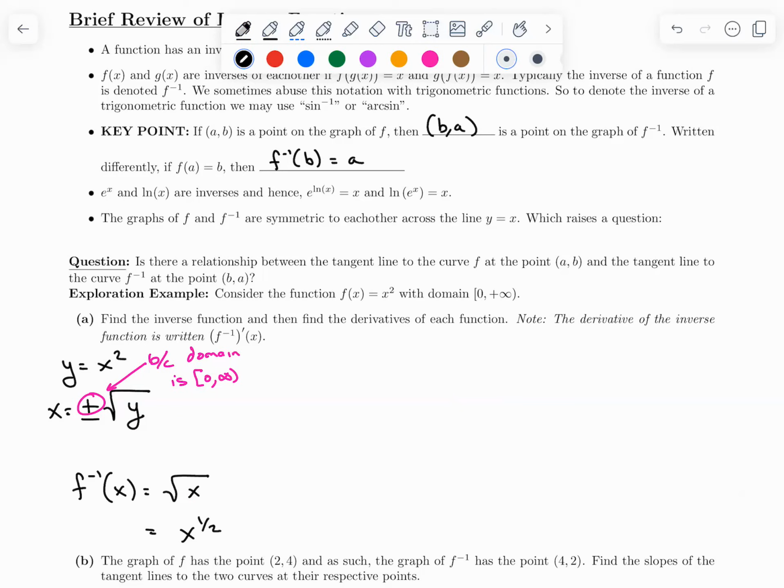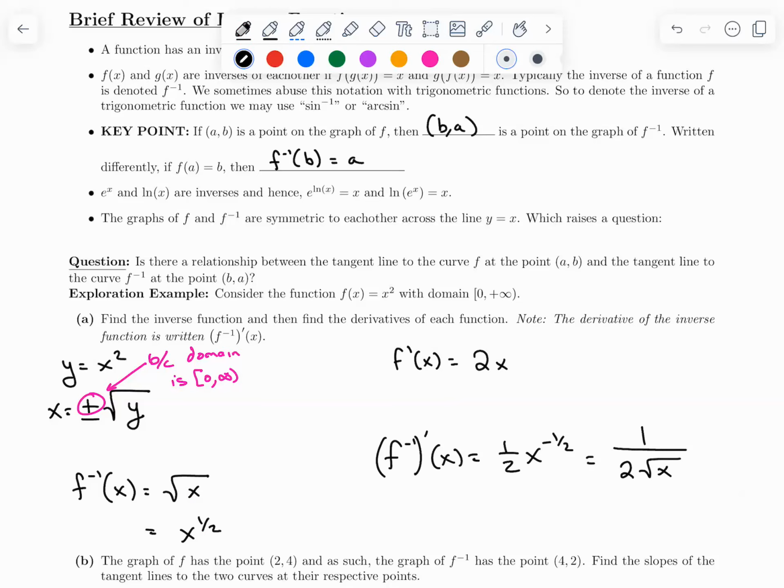So if that's the case, then f prime of x is 2x and f inverse prime of x is equal to 1/2 x to the -1/2, or preferably, when we're computing, 1/2 times the square root of x.